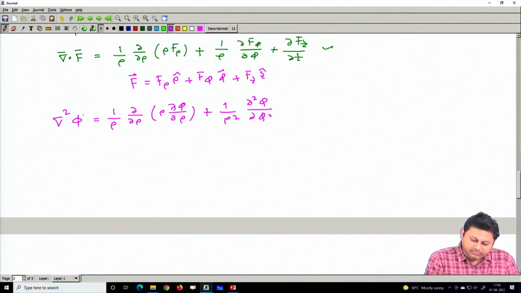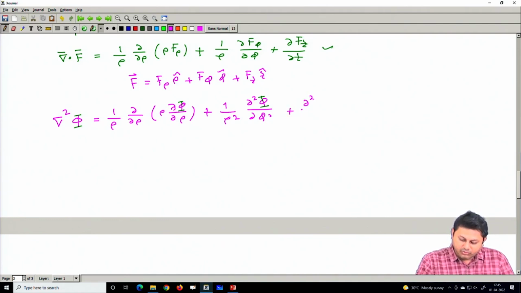In order to distinguish, let us make it big phi here and big phi here, because already we have a phi. And then I have del 2 del z square of big phi here.